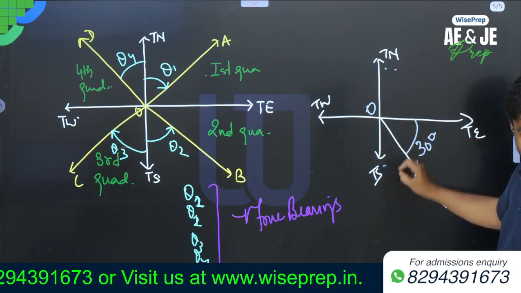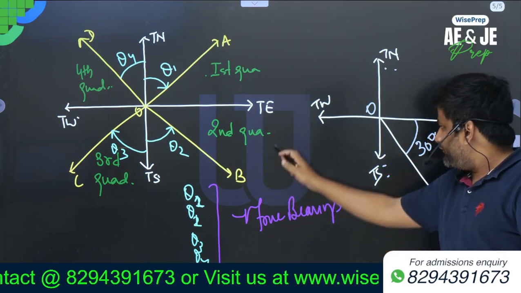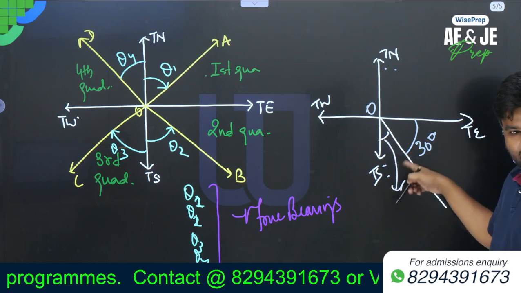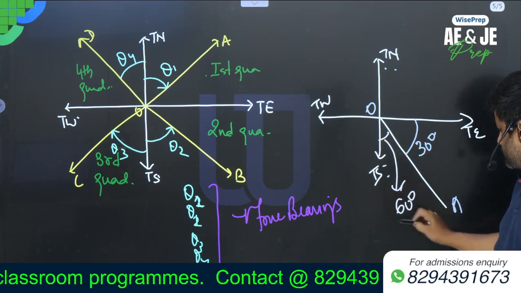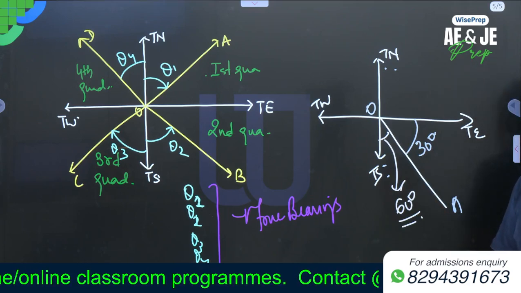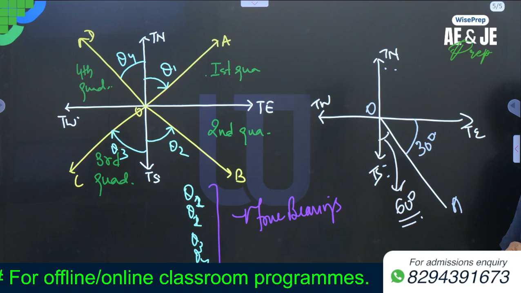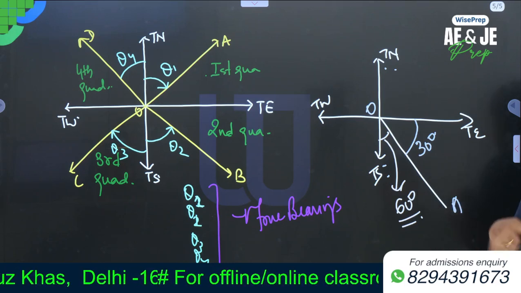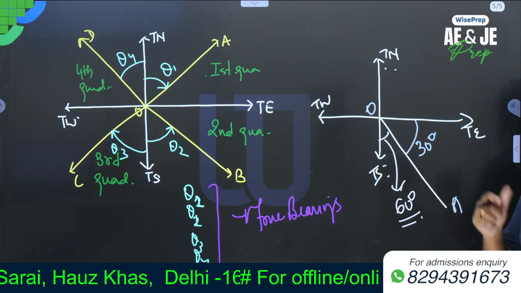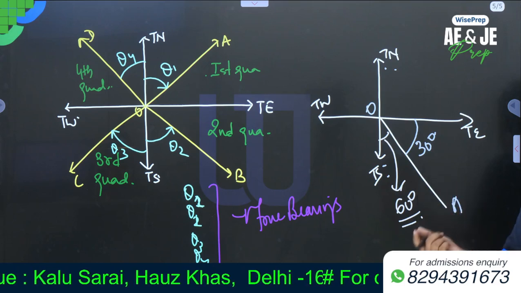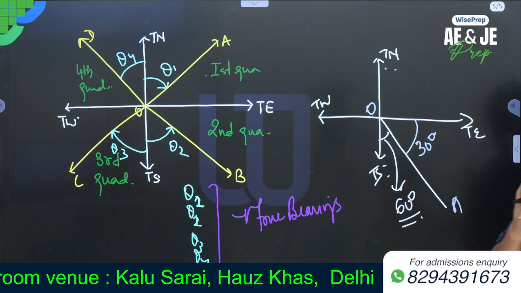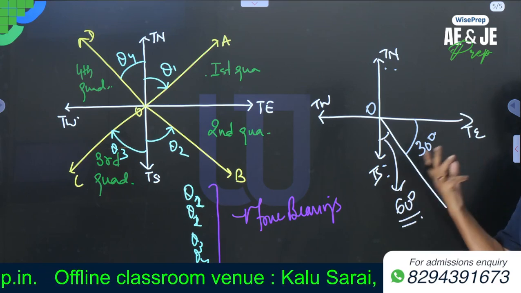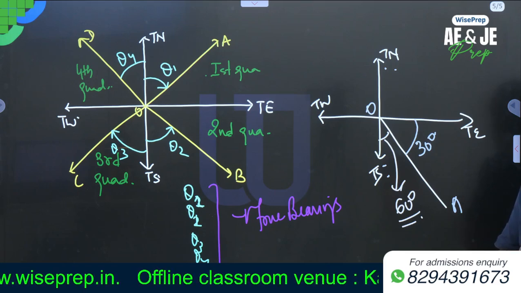So obviously it will be 90 minus 30, so the bearing will be 60 degrees. Bearing has to be defined with respect to either true north or true south. We will study later that bearings are of two types: whole circle bearing or reduced bearing. But for now I am saying only bearing. Whatever angles are defined with respect to the true meridian are known as true bearing.